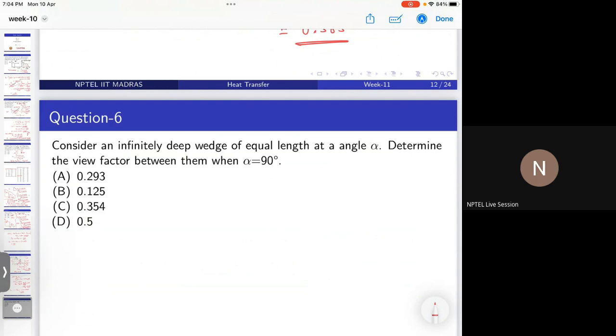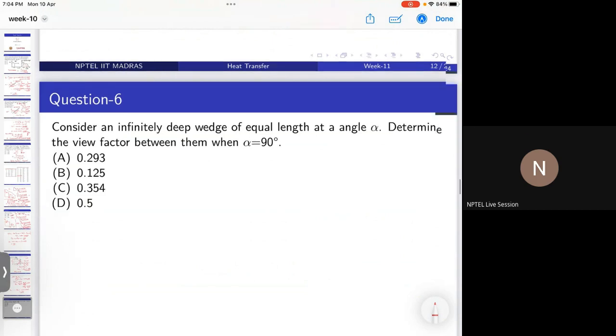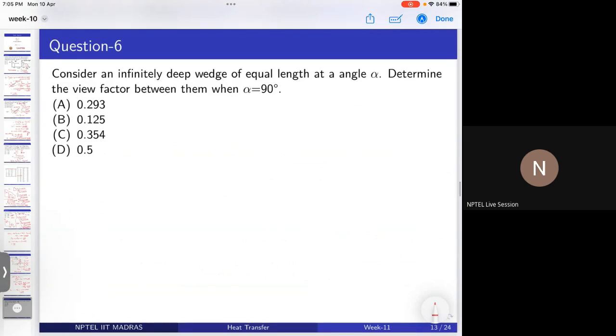You have to practice a little bit to be comfortable with view factor finding. If you take any textbook, you will get a lot of old examples, like a sphere on a sphere, and a sphere on a cylinder. These are commonly asked questions related to view factors.